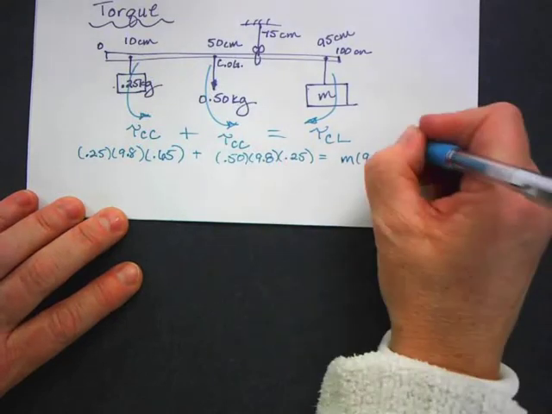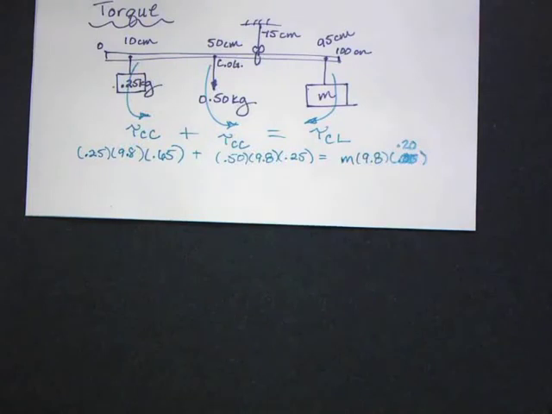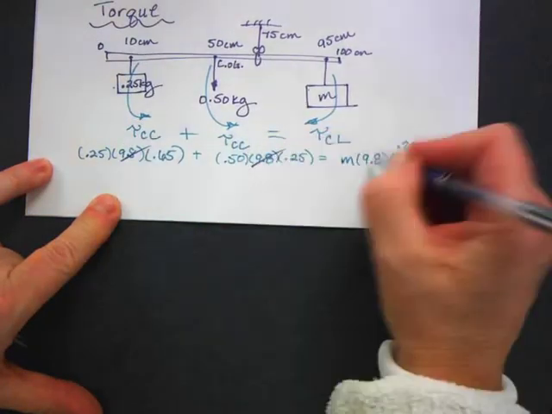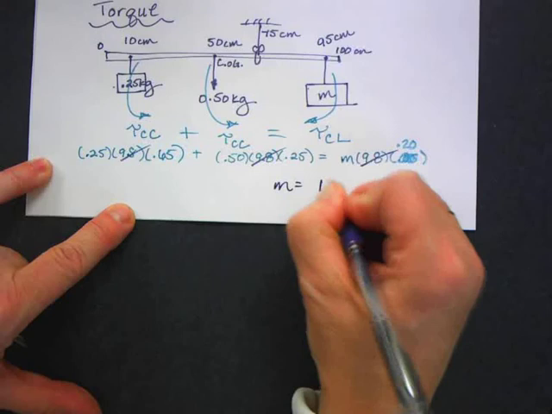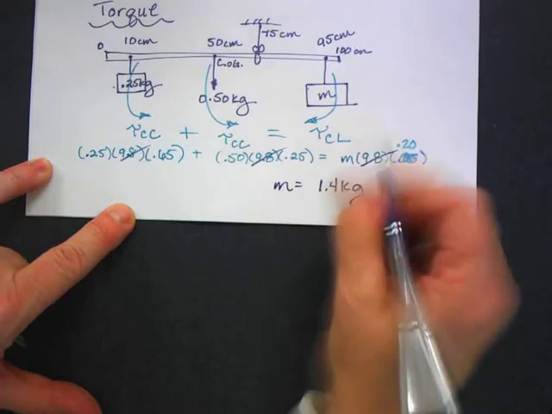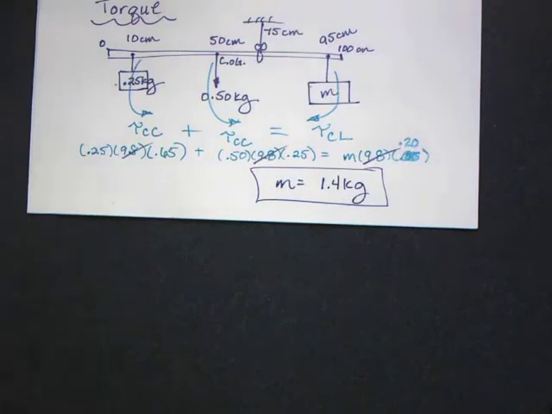Because it's not 0.05, it's 0.20. Sorry about that. So that's why you don't need gravity. If you solve for m, you get that.